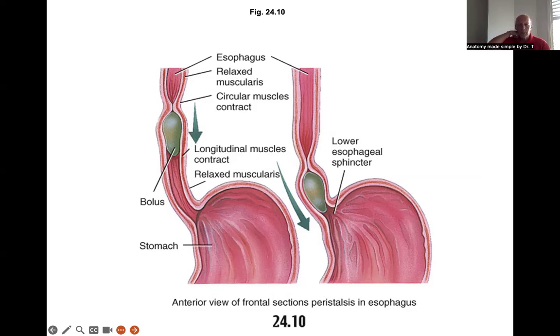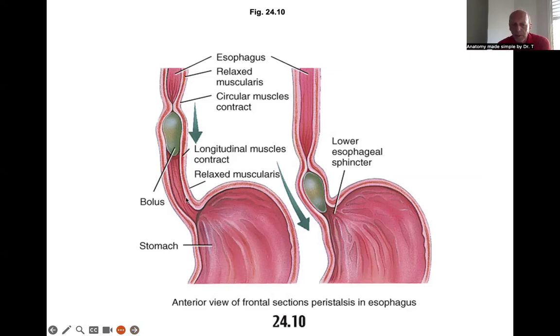And as we know, it extends from C6 vertebra, the administrative end of the pharynx, through the superior thoracic aperture, through the posterior aspect of the mediastinum, sitting pretty much in the midline, and then passing through its opening at the level of T10 vertebra through the diaphragm, through its esophageal hiatus that is surrounded by muscular fibers of the diaphragm.